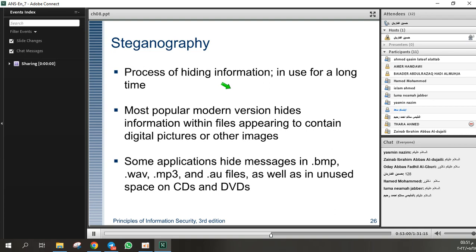nobody can detect it. For example, I have a BMP picture format. In BMP, I can create a file with 24-bit depth. Each pixel in the BMP file format can have 24-bit length.